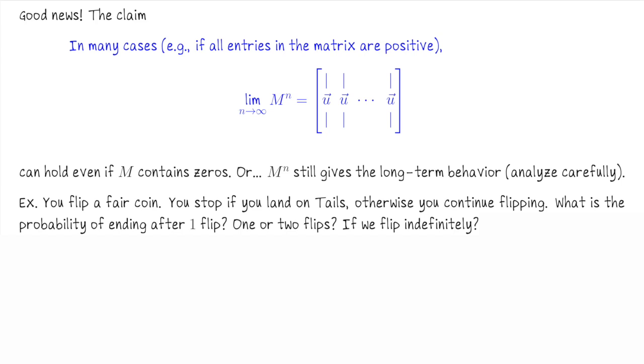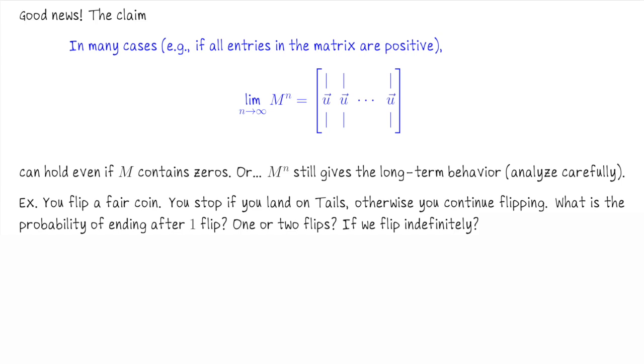In the rest of this lecture, we're going to look at examples where we have zeros, so our matrices aren't necessarily going to be strictly positive. But the good news is that the behavior that we've observed, that if you take a stochastic matrix and raise it to a high power, all of the columns turn into this repeated vector U of long-term predictions, can happen even if your matrix isn't positive.